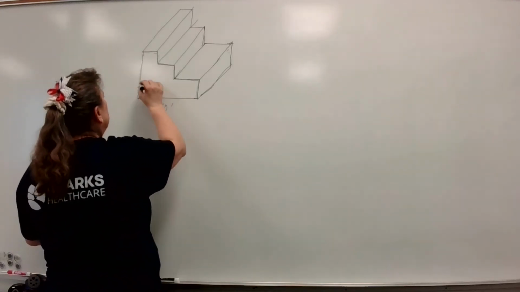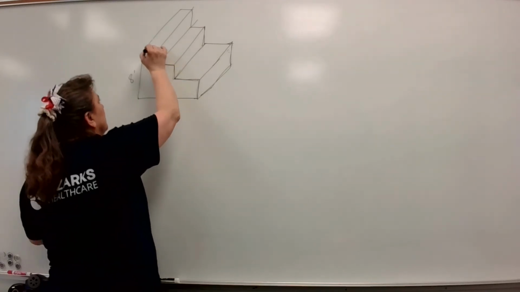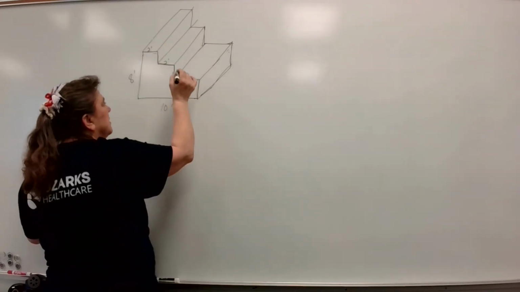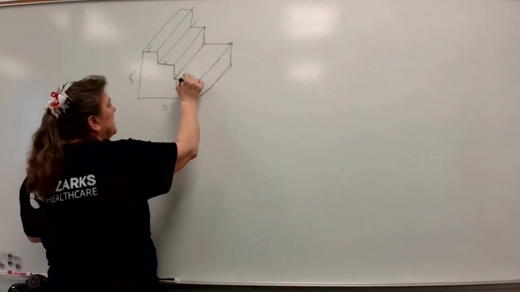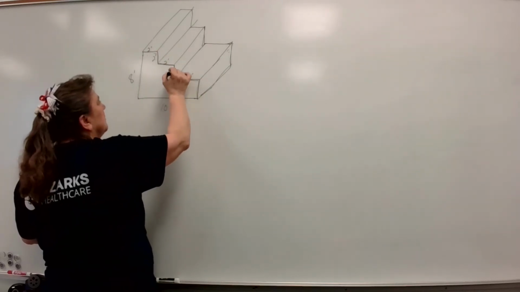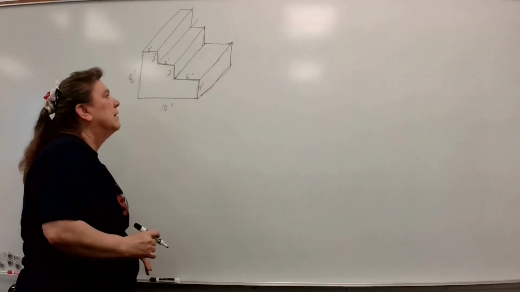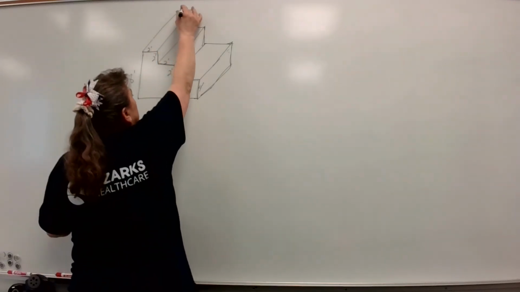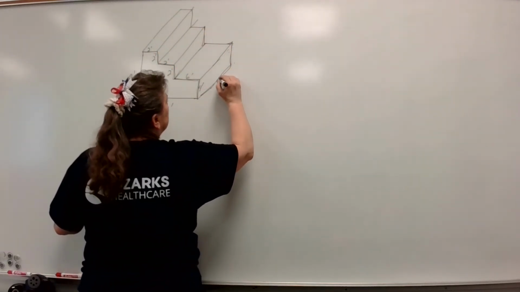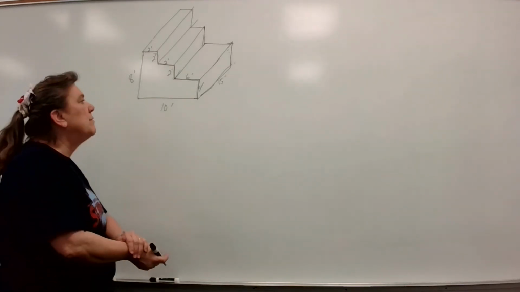How about 10 feet, 8 feet, let's go 2 feet, 2 feet, and that's going to be 6 feet. This will be 2 feet, 2 feet, and 4 feet, okay? And the length, from here to here, let's make it 15 feet. All right? So there we are.